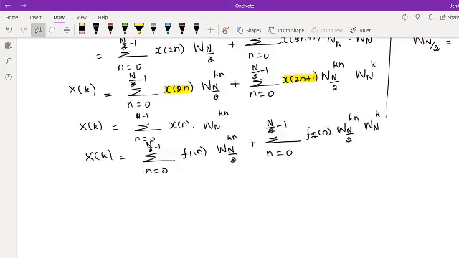Now, if you compare with the previous direct DFT, this part is N and this is also N, that is for N point DFT. But in the next equation, the first part is N by 2 and this is also N by 2. So this is N by 2 point DFT.